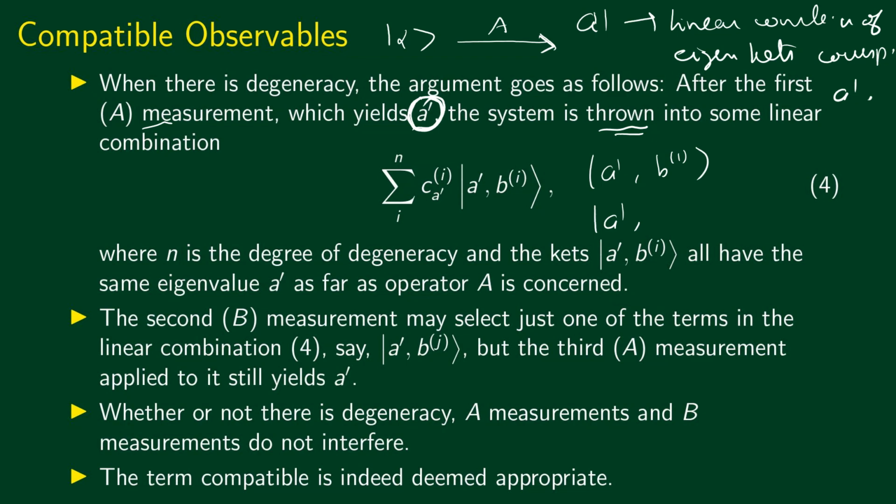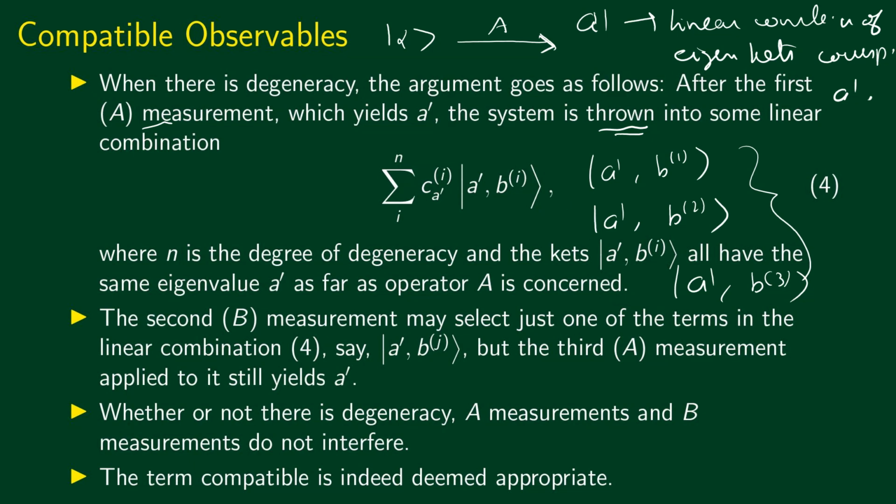There's another ket with the same eigenvalue, A prime B2. There's another, which can be denoted as A prime B3. These are all eigenkets corresponding to the same eigenvalue A prime. So after the measurement, it is in a superposition, a linear combination of all these eigenkets.